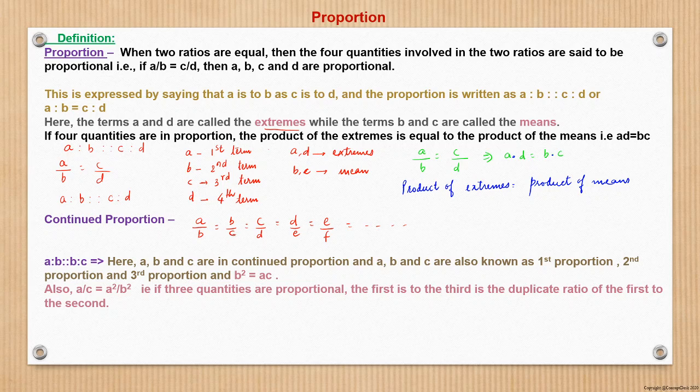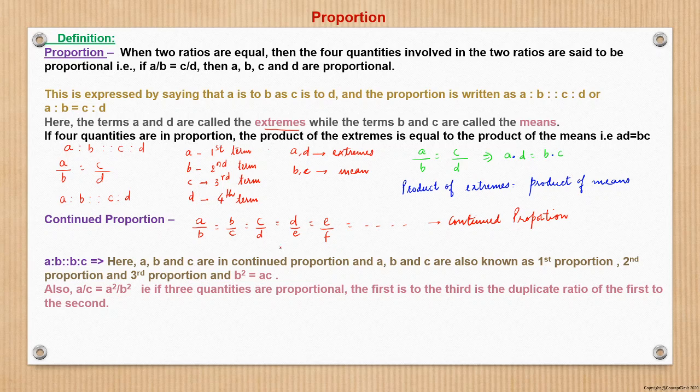The denominator of the second ratio is the same as the numerator of the third ratio. So here A by B is equal to B by C is equal to C by D is equal to D by E. Any ratio expressed in this form is known as continued proportion.